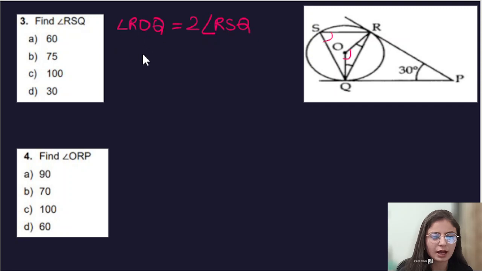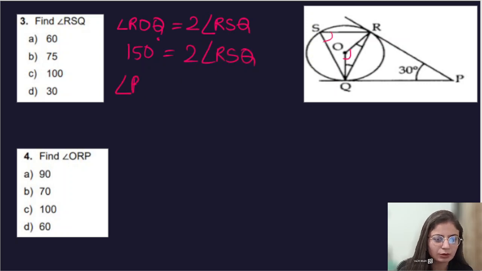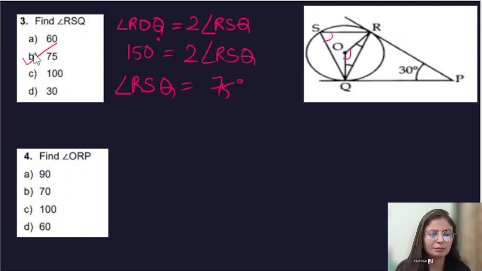Now angle ROQ is what? This is 150 degrees, which is twice of angle RSQ. So angle RSQ would be 150 by 2, which is 75. So this is 75 degrees. Simple enough, right?